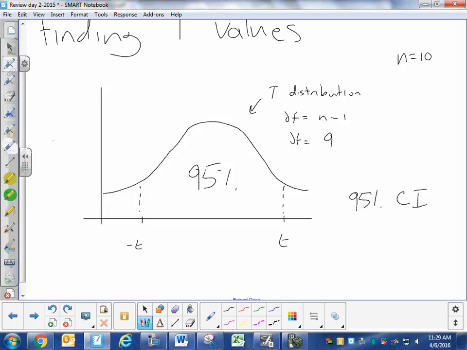That's important to know. Because what we're going to do is use our calculator to find the correct t-value. Now, if there's 95% in between these 2 t-values, what would be outside of the 2 t-values? 5% for both of them, 2.5 for each individual.